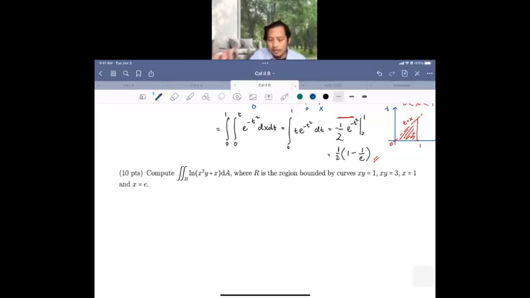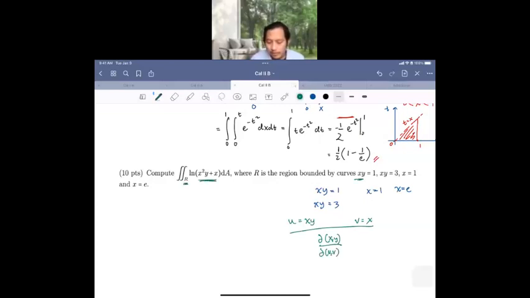Well, the idea is because we have xy equal 1, and x equal 1, and x equal e, and xy equal 3, then perhaps we could take u as xy and v as just x, and then you can check the Jacobian, and then exchange all this. Check the region.